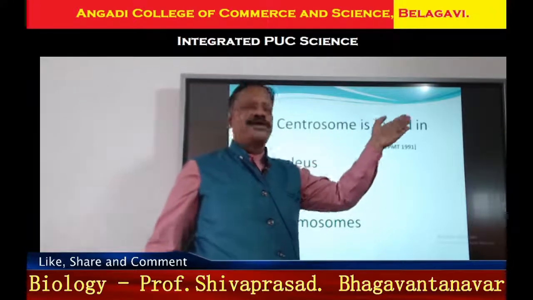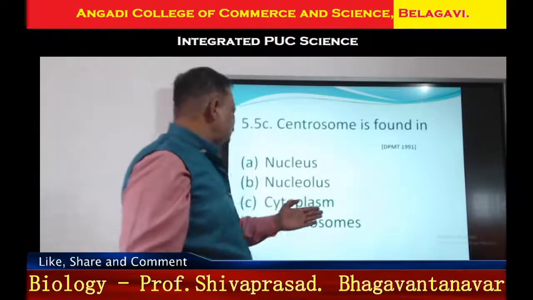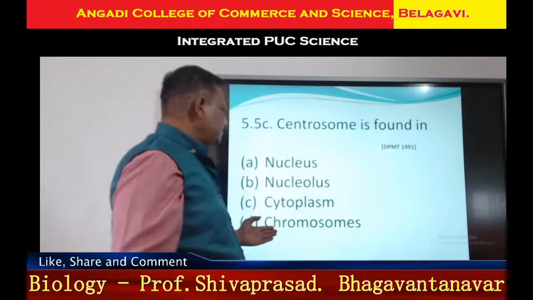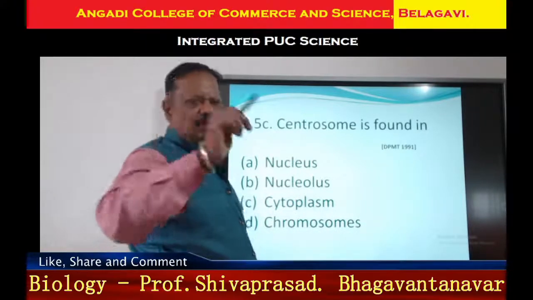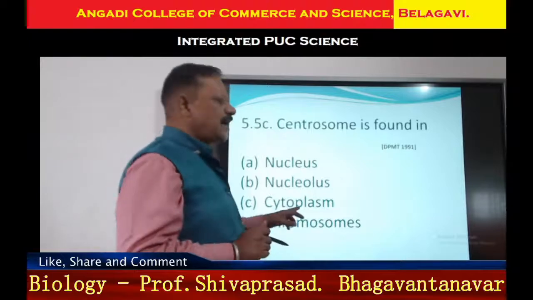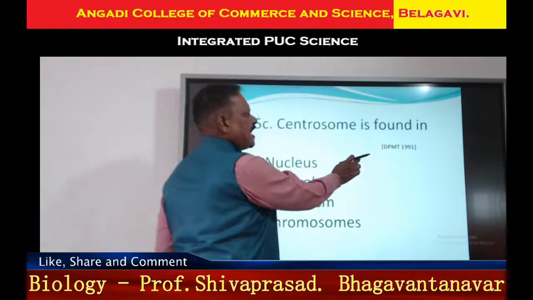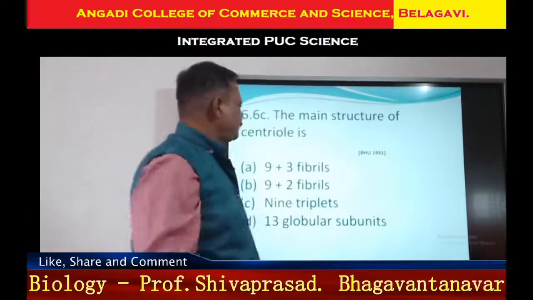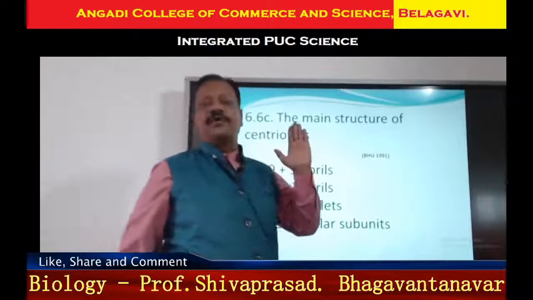Centrosome is found in nucleus, nucleolus, cytoplasm, chromosomes. Centrosome is usually found in the cytoplasm of the cell. So, option C is the right one. We'll move to next. The main structure of centriole is?